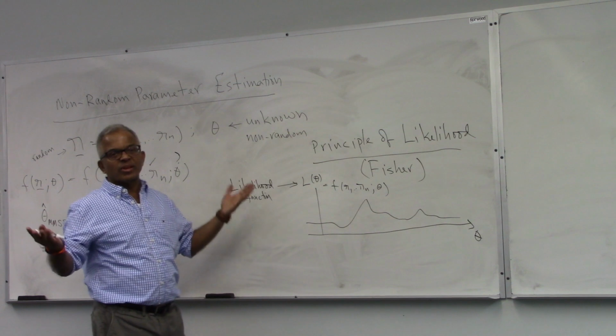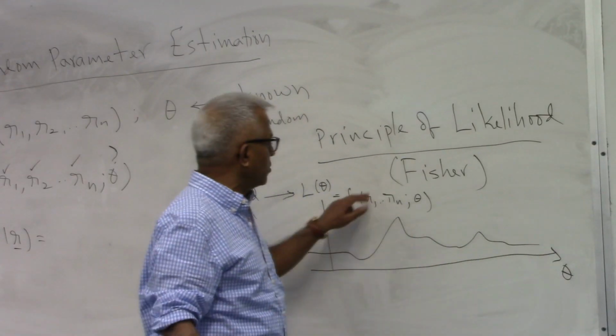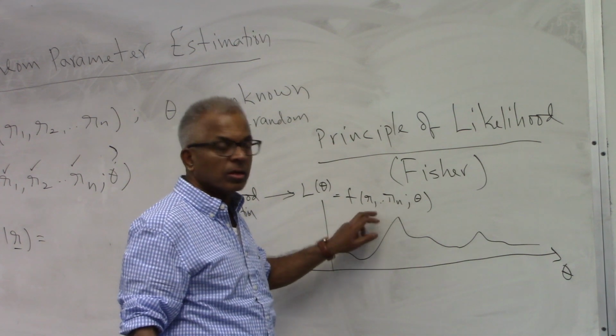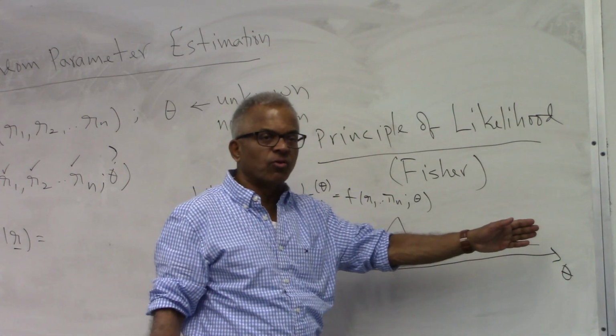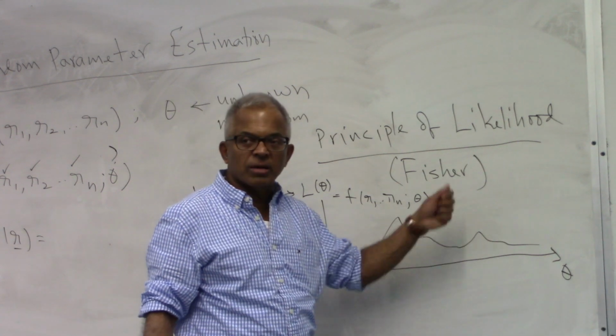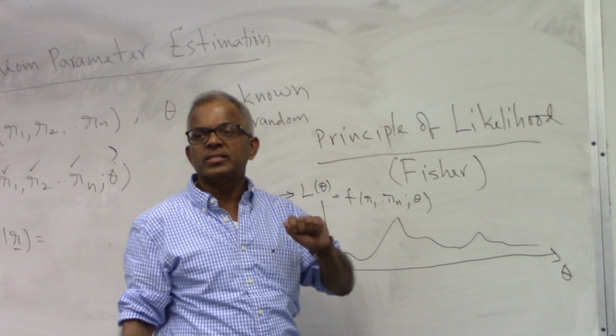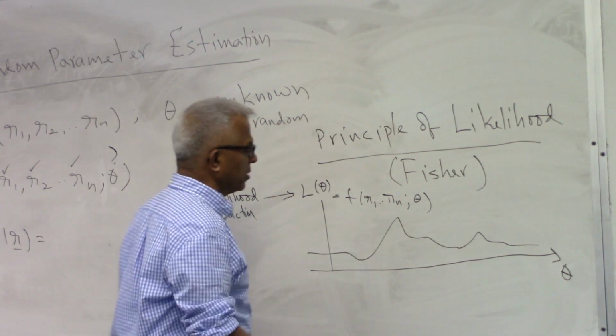In the absence of anything else, all you could say is this took this particular form because of this data. Otherwise it would have taken some other form. So look at this density function and pick the most likely value of theta suggested by the data. That's the principle of maximum likelihood.